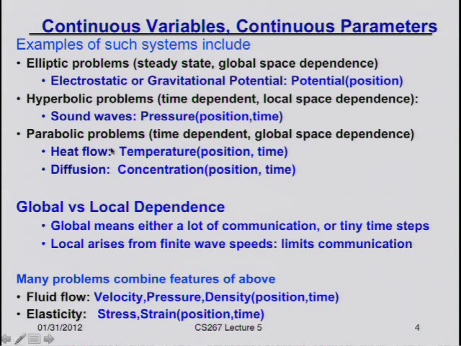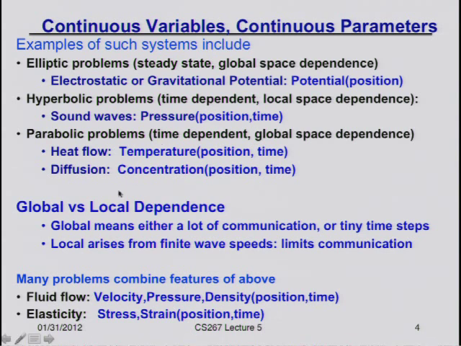And then the third class, which is maybe the hardest, is called parabolic. You have time dependence and space dependence, and heat and diffusion are the canonical examples. But now, at every time step, information in principle moves infinitely fast. At every grid point, when you want to update the temperature, you have to know everything at the previous time step. It combines the idea of hyperbolic, things are moving, but it also has all the challenges of elliptic, because everything depends on everything, and we're going to have to be clever to not communicate that much.